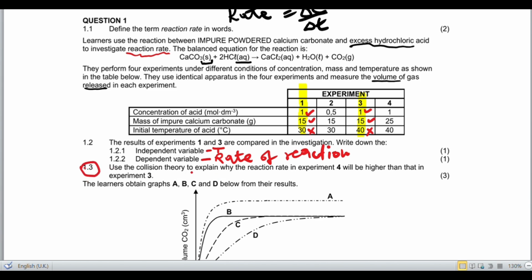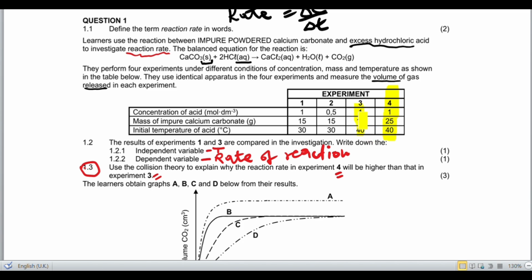Use collision theory to explain why the reaction rate in experiment 4 will be higher than that in experiment 3. So we are comparing experiment 4, this one, and experiment 3.